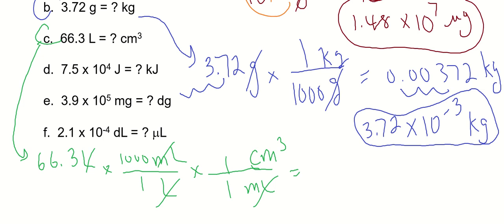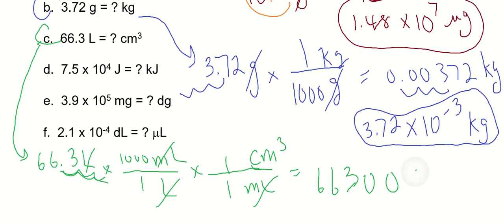All right, 66.3 times 1,000. Move our decimal 3 times that way. So we're going to get 66300, right? 1, 2, 3. There's 2 more zeros after that.